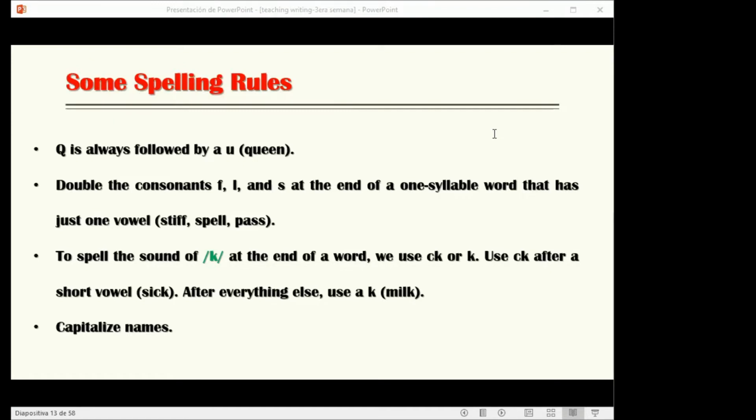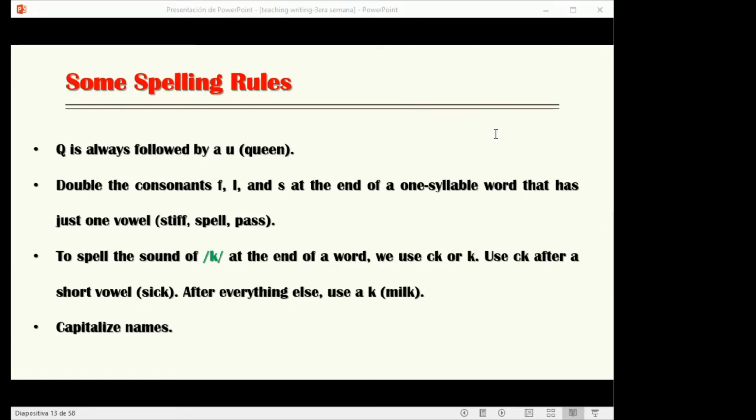Remember, sounds. Another rule. To spell the sound of /k/ at the end of a word, we use CK or K. Use CK after a short vowel. Notice CK after a short vowel. Sick. Sick has the vowel sound /ɪ/. /ɪ/ is a short vowel because in English we have two vowels, a short and a long.